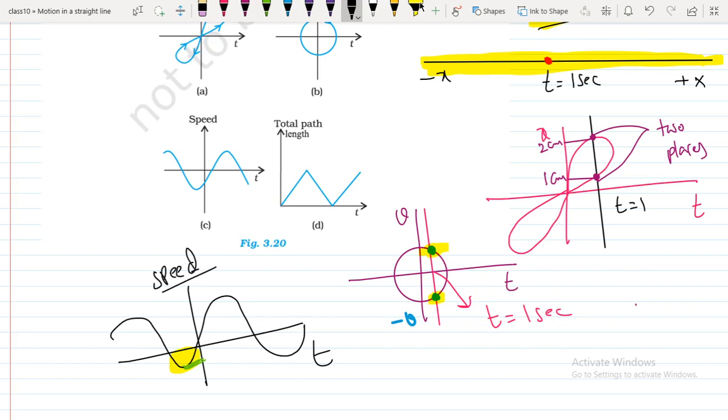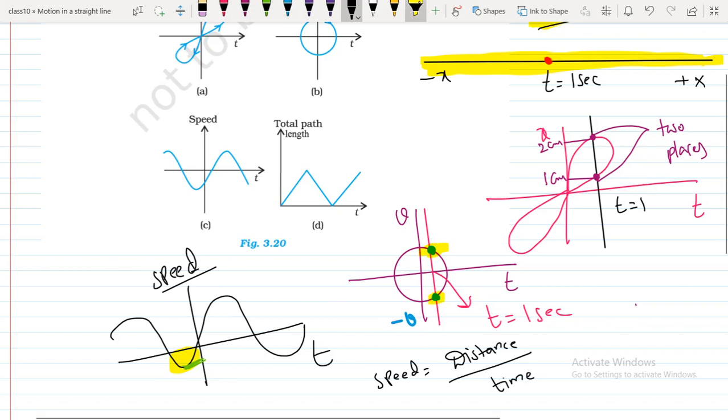Speed, a physical quantity, is never negative, because speed equals distance upon time, and distance is never negative, so distance is always positive. So if distance is always positive, speed is always positive. But here the graph shows speed in the negative coordinate. So this also does not represent a particle in one-dimensional motion.